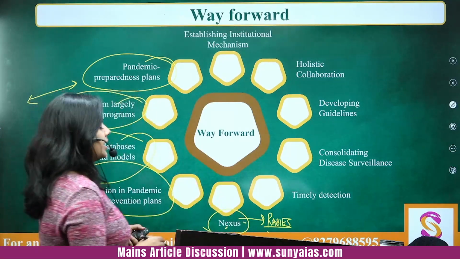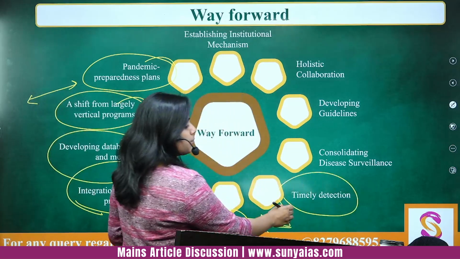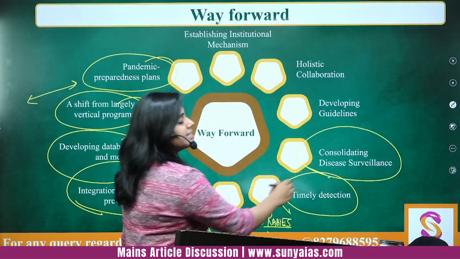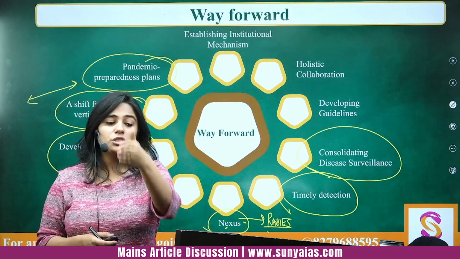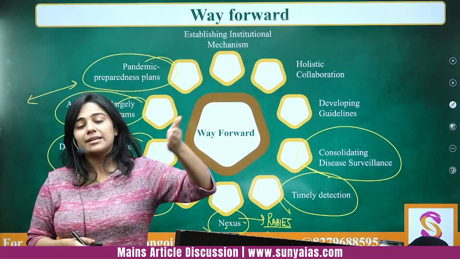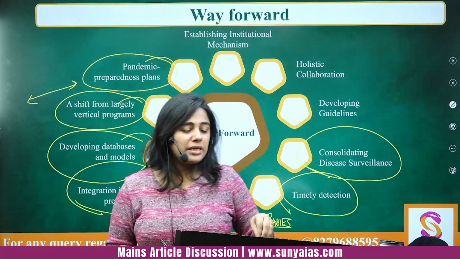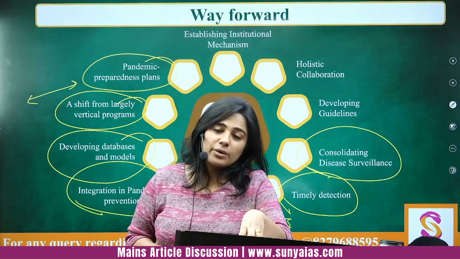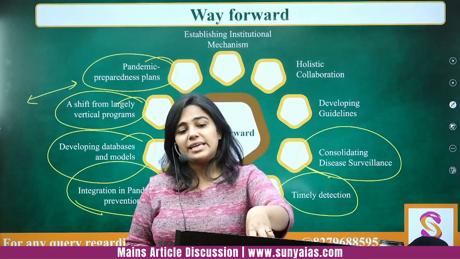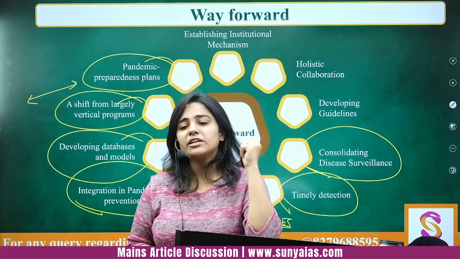Okay, then timely detection is very important. Consolidating disease surveillance: there is a very crucial need to segregate the various viruses that are emerging and not be confused about where they are coming from. For example, COVID-19 came from the SARS virus family. It was immediately found out.